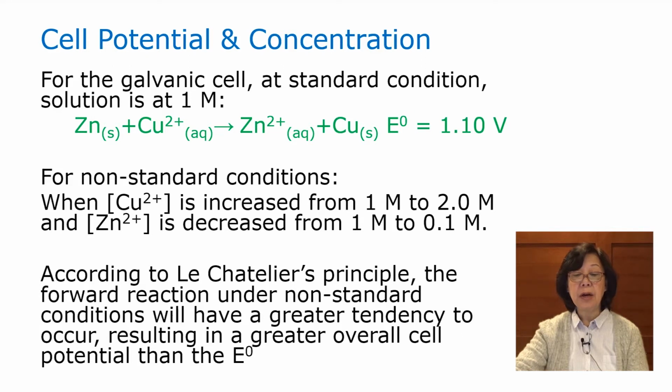Because now we don't have enough zinc ion on the product side to maintain the equilibrium, by Le Chatelier's principle, the forward reaction under non-standard conditions will have a greater tendency to occur, driving the reaction forward to the right, and that will increase the cell potential to be more than 1.10 volts.